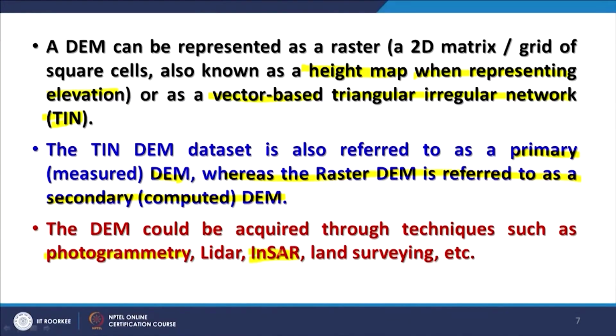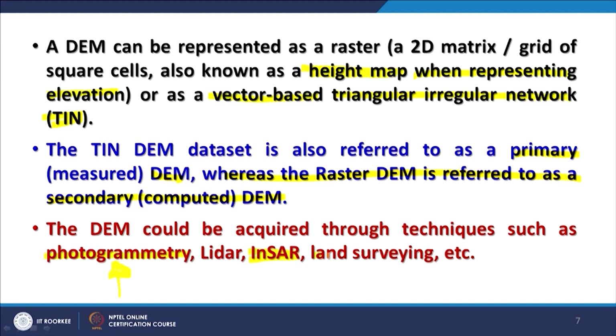This is a radar remote sensing based technique. So in short we say InSAR, and the very famous Shuttle Radar Topography Mission, or SRTM, global DM has been generated using this InSAR technique. Whereas Cartosat, our Indian satellite, or SPOT or many other satellites, ASTER and others, have used stereo pairs and the photogrammetry technique.